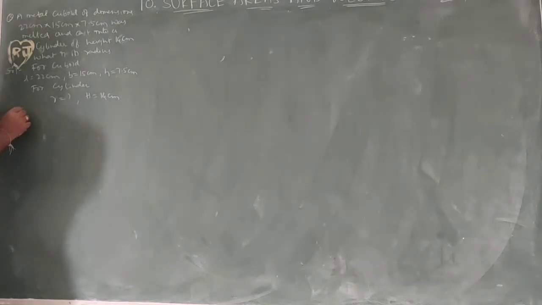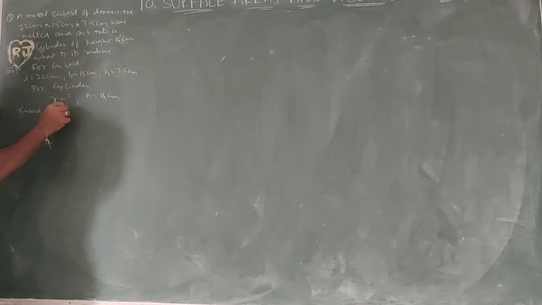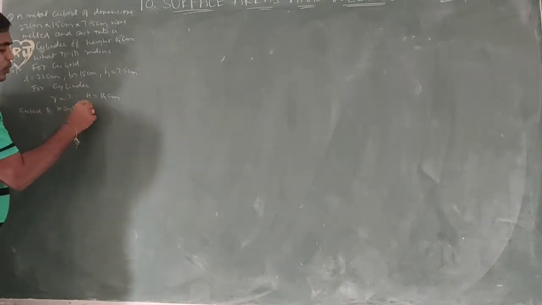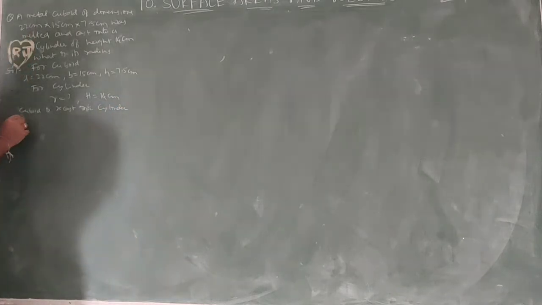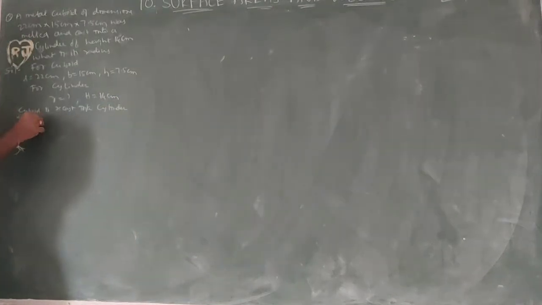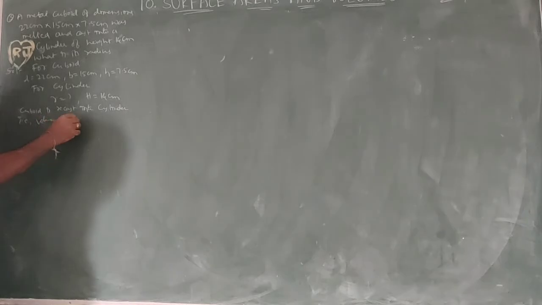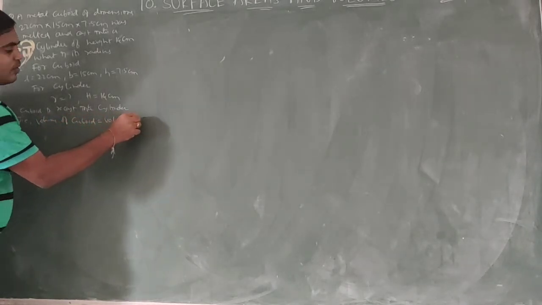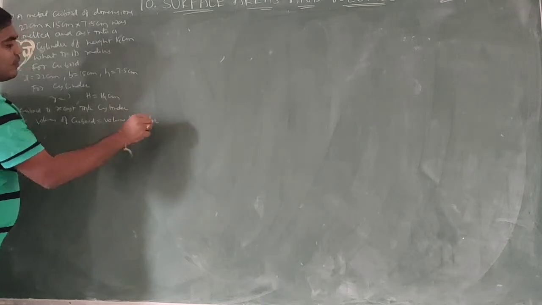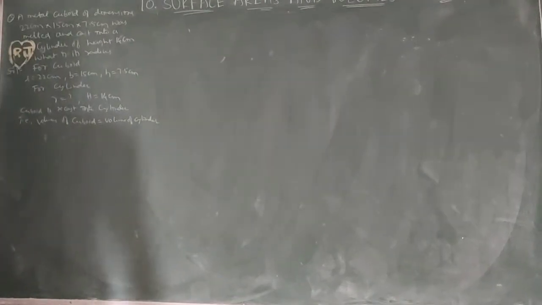So see, cuboid is recast into cylinder. That is volume of cuboid equal to volume of cylinder.